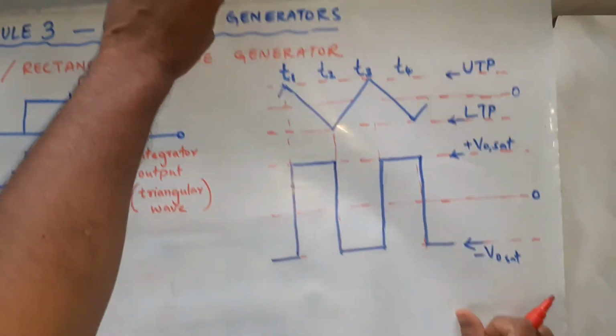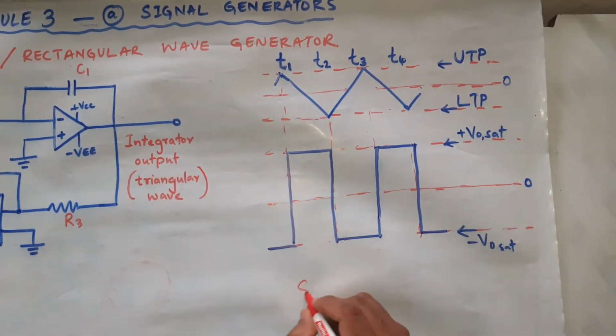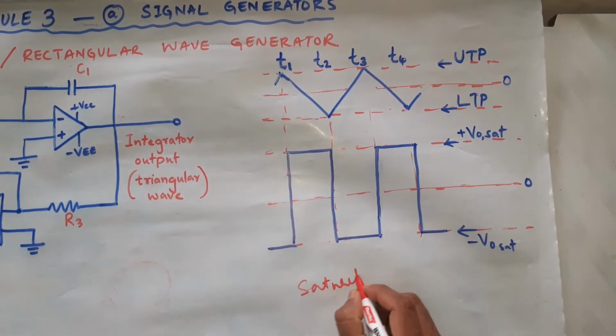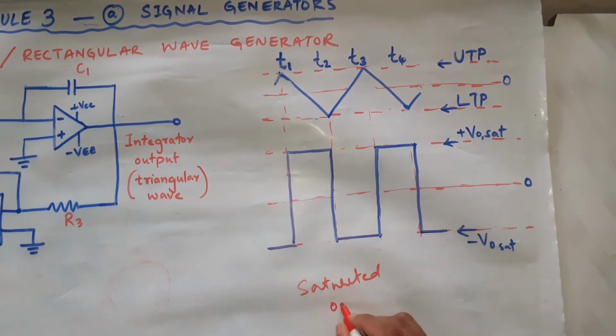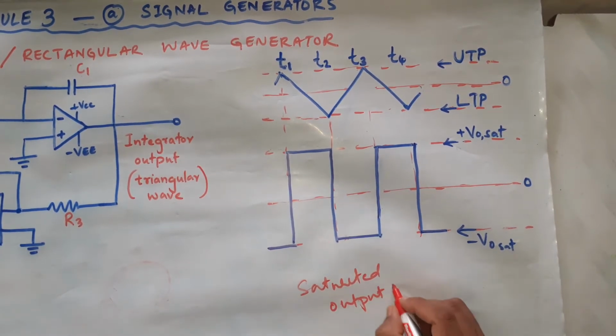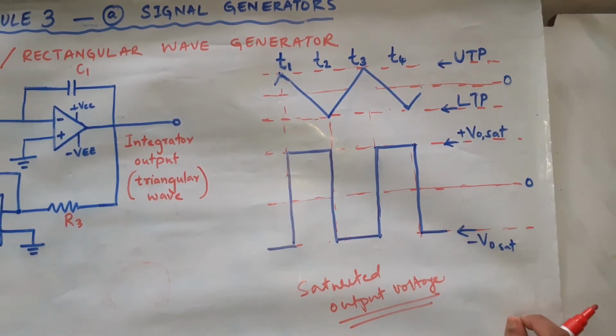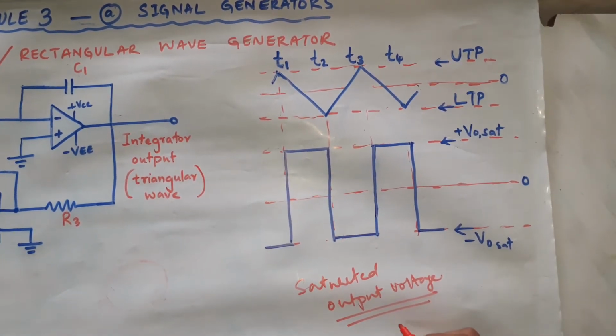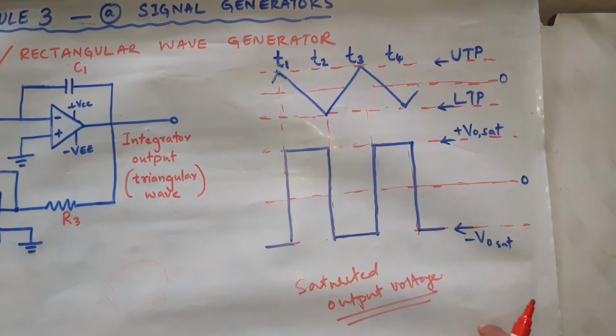V0 SAT, or the saturated output voltage, is the maximum voltage which any op amp can give.